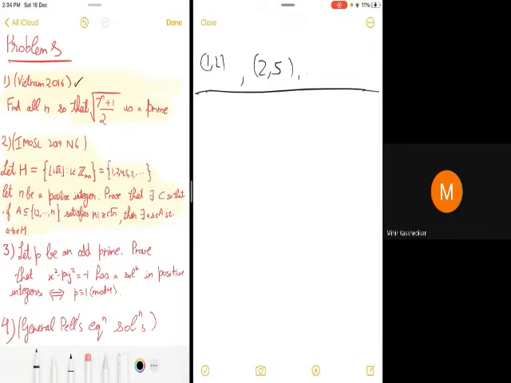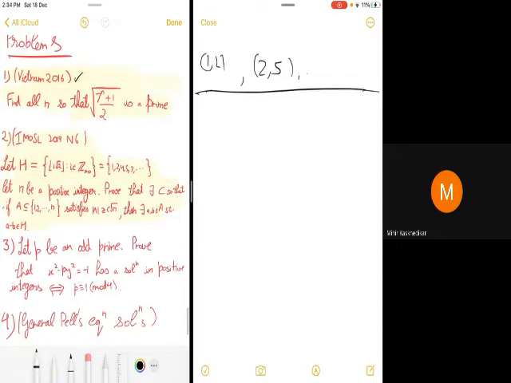Can you read the question once? Okay, yeah. So we have a set H, a set of positive integers, which is this set: i root 2, integer part. Yeah, integer part, you know the floor function, right?